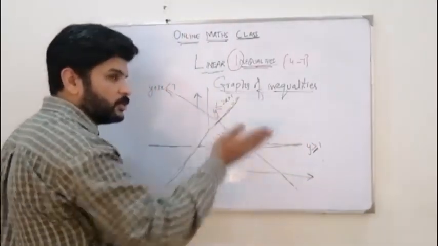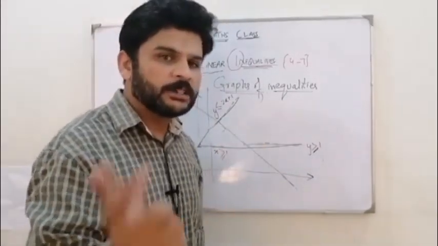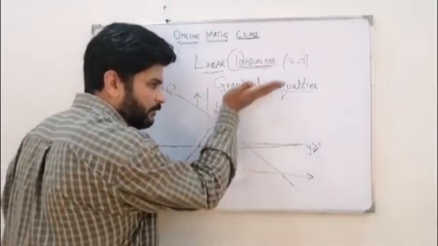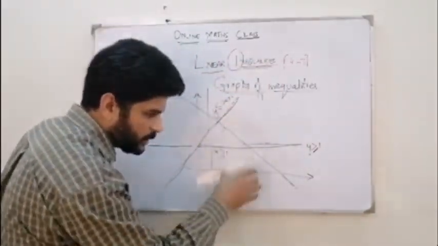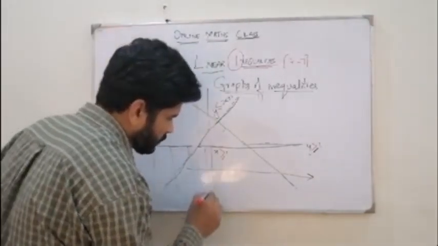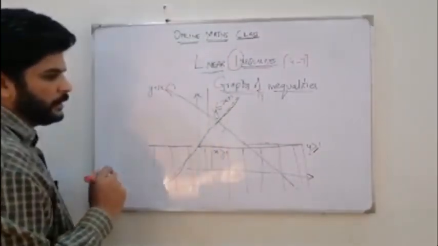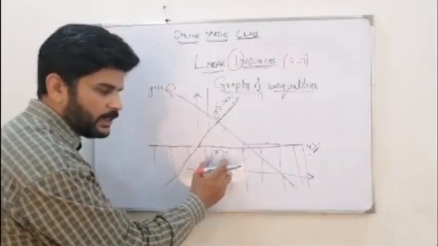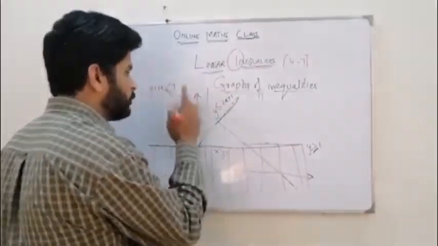So y is greater, so it is above. You remember when shading, you have to shade the opposite part. Look, y is greater than 1, so it's above. So you have to shade the opposite, below part. Shade this way. Now for this, x is greater than or equal to 1. So you have to shade the opposite one.